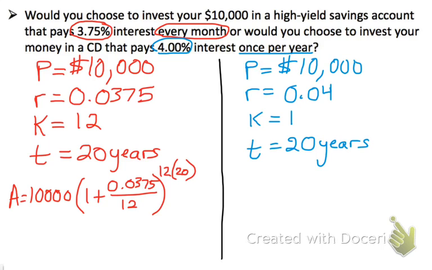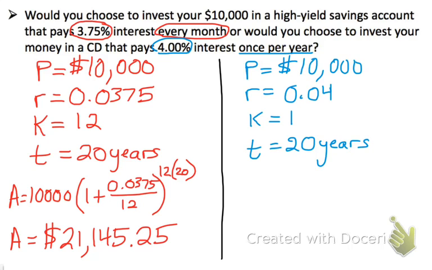We substitute all of our quantities in, put that into the calculator, and end up with a result of $21,145.25 if we round down and don't give ourselves more money than we've earned. So that's the first case.